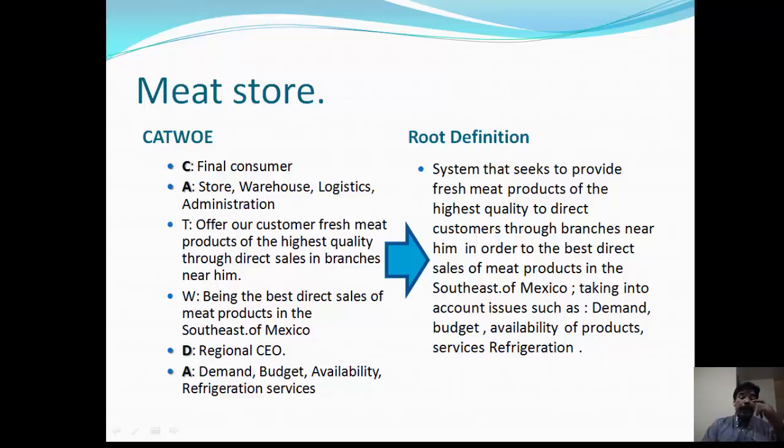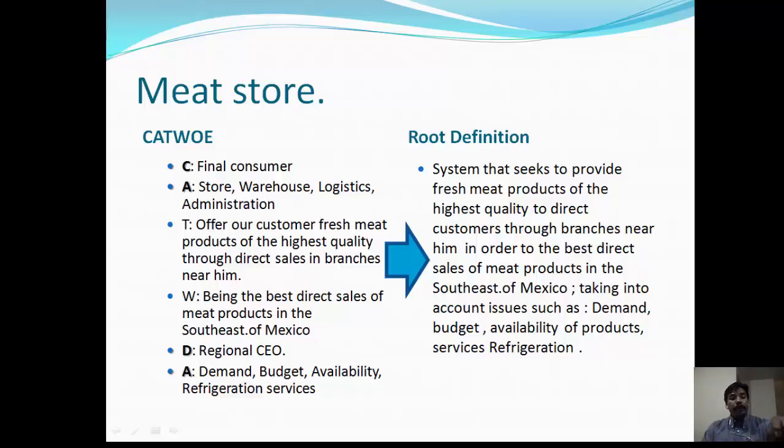I see that the transformation process is to offer our customers fresh meat products of the highest quality through direct sales in branches near them. Why do we do this? Because we want to be the best direct sales of meat products in the southeast of Mexico, because I'm at Puebla right now. So this is our transformation process and our Weltanschauung.